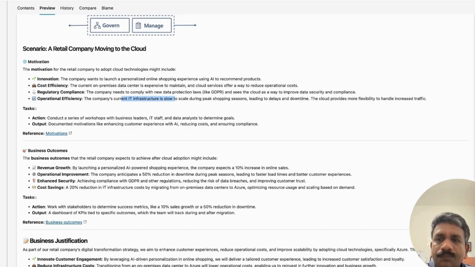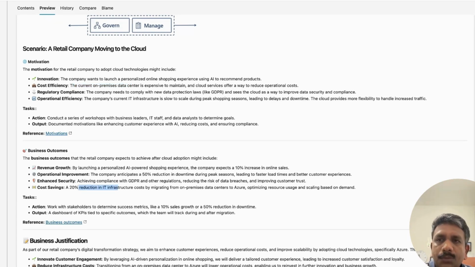So in the business outcome, you have to define: hey, by migrating to cloud, this is what I wanted to achieve, right? So this one is basically your needs, and this one is basically what you want to achieve. So maybe it goes hand in hand, for instance operational efficiency goes with operational improvement: your current infrastructure is slow, and you wanted to reduce the downtime during the peak hours by moving the workloads to cloud, or maybe cost efficiency, so probably you wanted to reduce your cost.